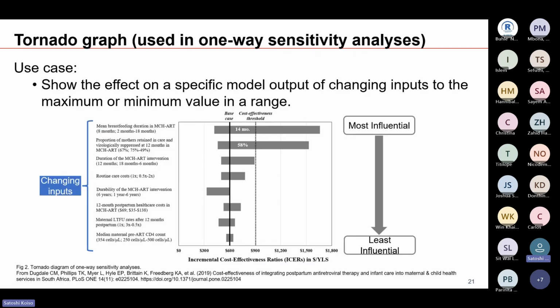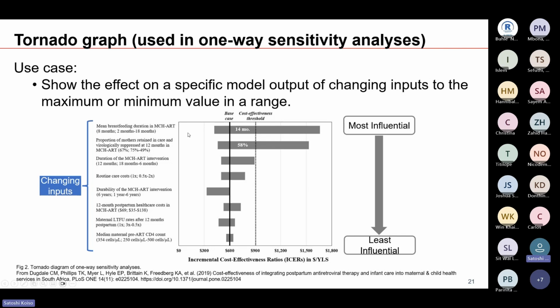And then the tornado plot is often used in one-way sensitivity analysis to show the effect on a specific modeling output of changing an input to the maximum or minimum value in a range.